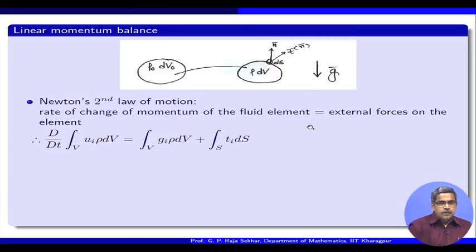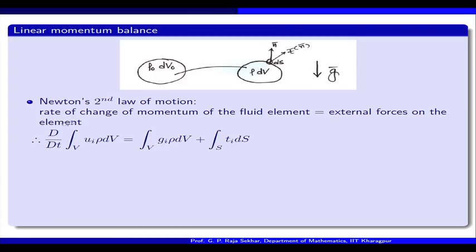So, the first basic law that we have derived is conservation of mass. The next important principle is balancing linear momentum, which is nothing but Newton's second law. So, that is what we are doing by virtue of this element.